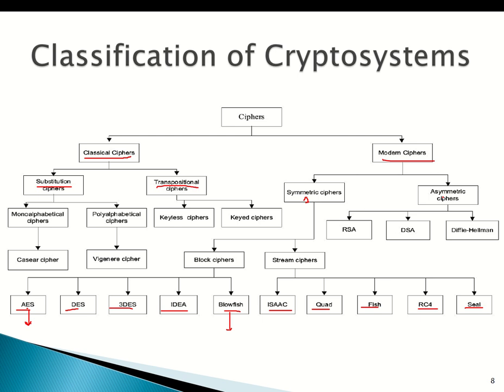For the modern asymmetric ciphers, we have RSA, DSA, and Diffie-Hellman. These modern algorithms depend on mathematical functions and are stronger than the classical ones. This tree summarizes the whole classification of the cryptosystem. So if you memorize or understand this hierarchical order of the cipher classification, it will make the rest of the slides easy for you.